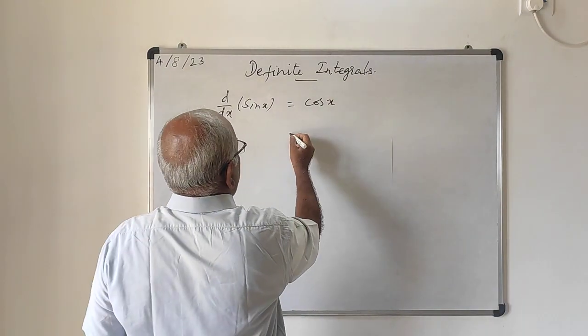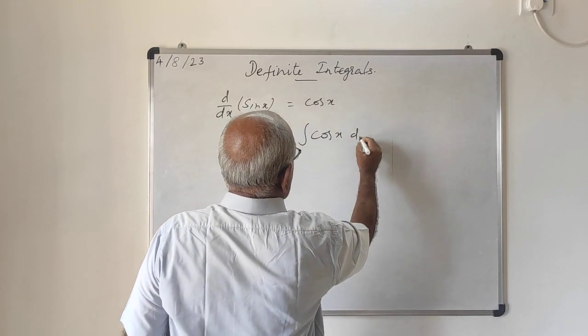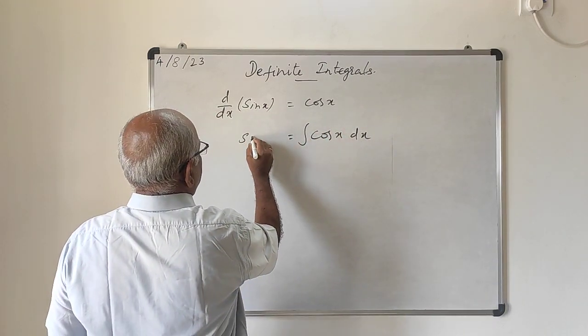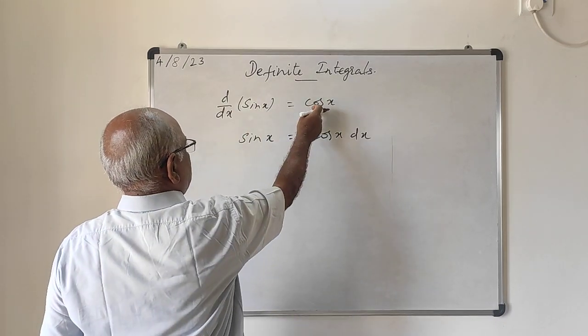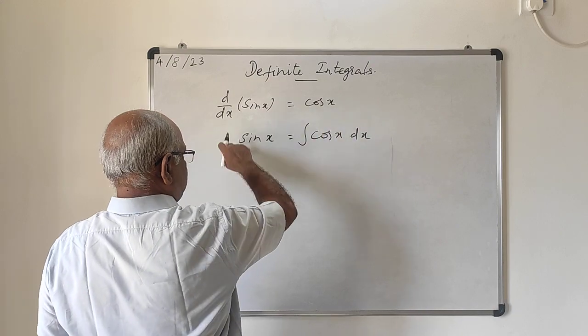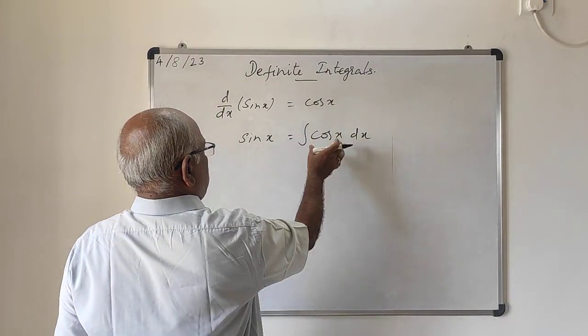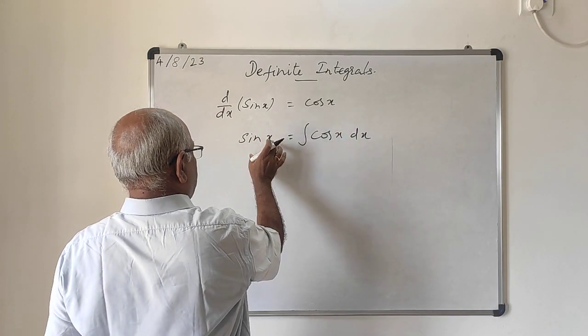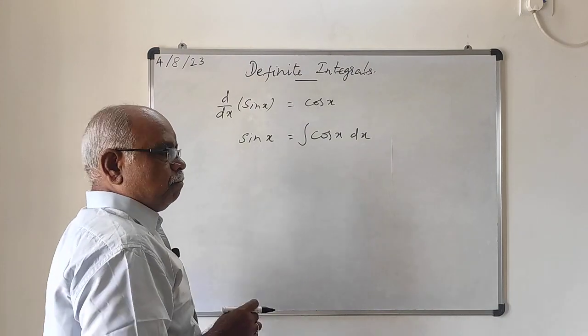And the integral of cos x dx is equal to sin x. This is the reverse process. Differentiation of sin x is cos x. Integration of cos x is sin x plus c, where c is an integrating constant, as I told. So integration is the reverse process of differentiation.